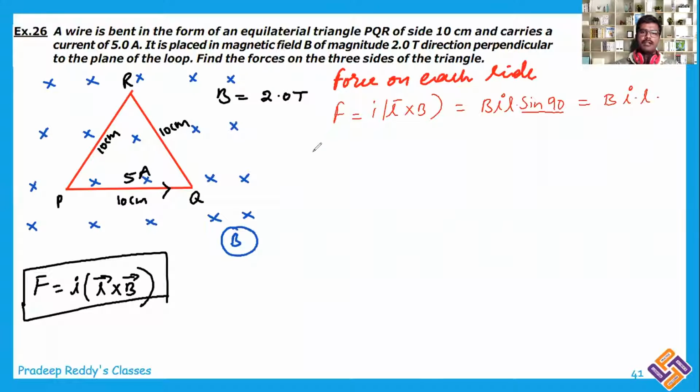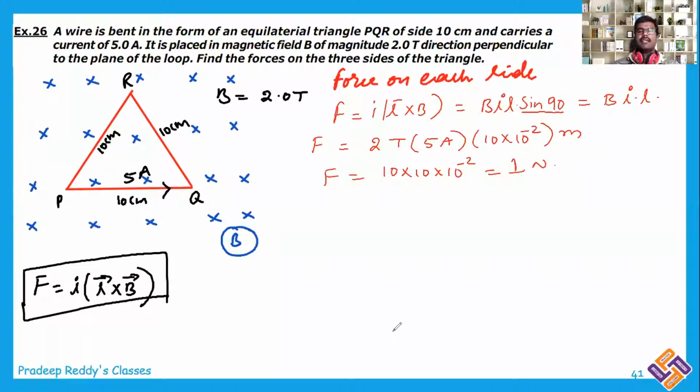L is the length of the conductor. So the force experienced will be 2 Tesla into 5 ampere into the length of the conductor, which is 10 into 10 power minus 2 meter. This gives F is equal to 10 into 10 into 10 power minus 2, which is equal to 1 Newton.